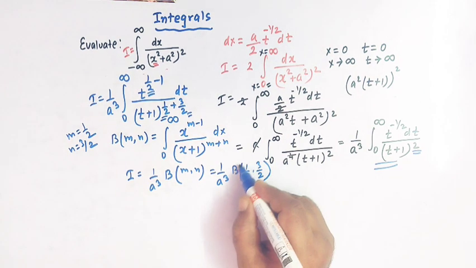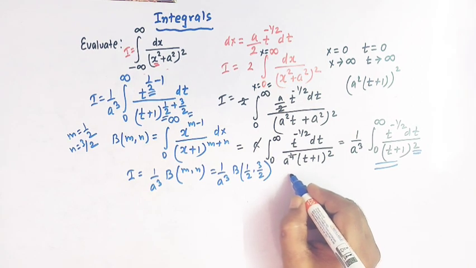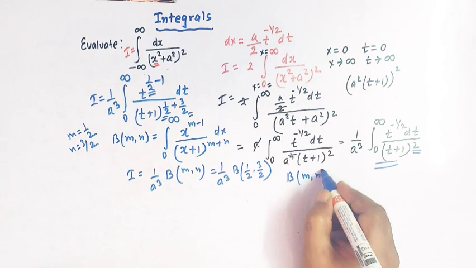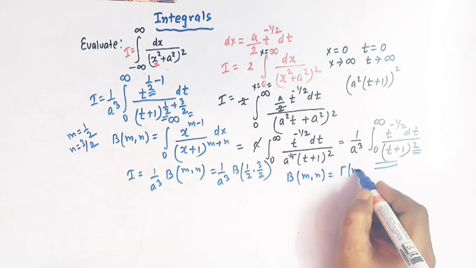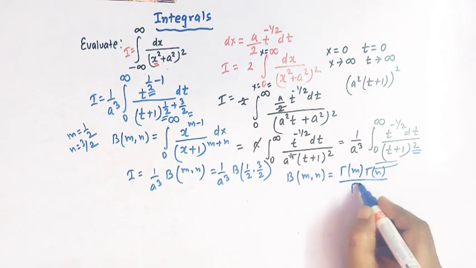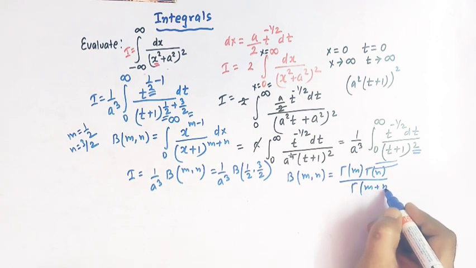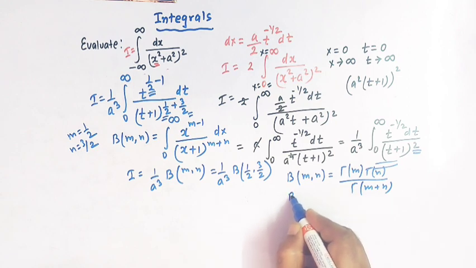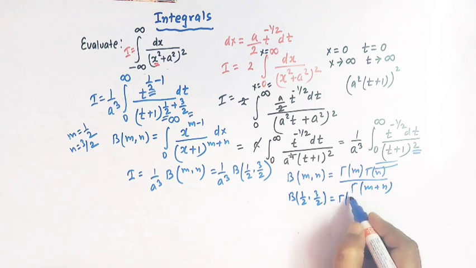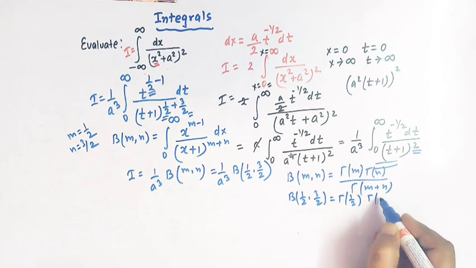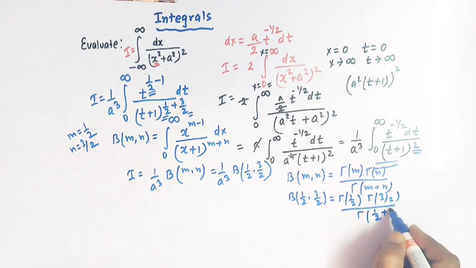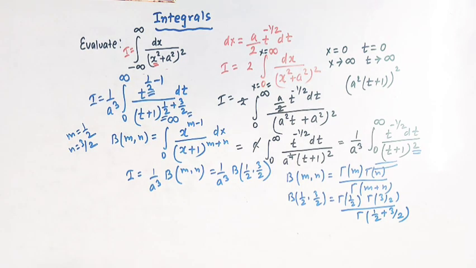So now for calculating this expression, we have another important relation, that is beta(m, n) is given by gamma of m, gamma of n divided by gamma of (m plus n), right? So beta(half, 3 by 2) is given by gamma of half, gamma of 3 by 2 divided by gamma of (half plus 3 by 2), right?